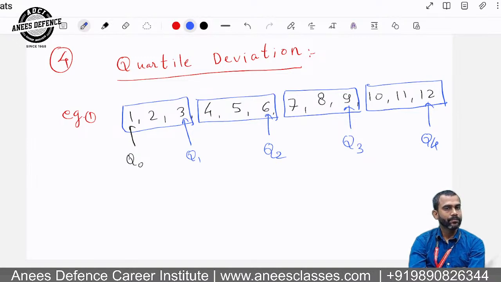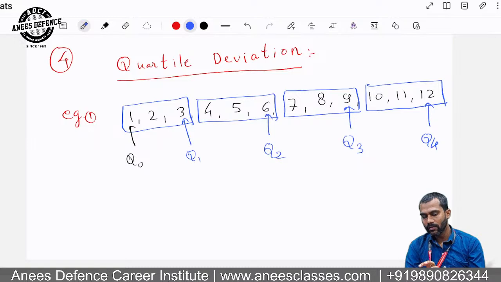Then see, this is for ungrouped discrete data, where frequency is not there. Now, what is Q2? Can I say Q2 is the middlemost value here? Yes.